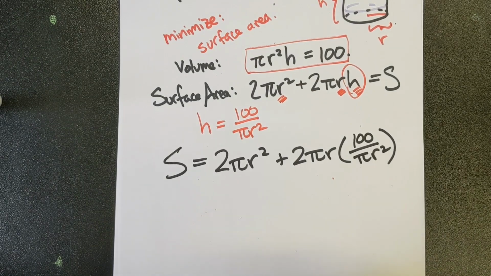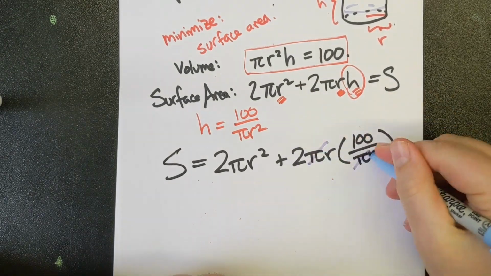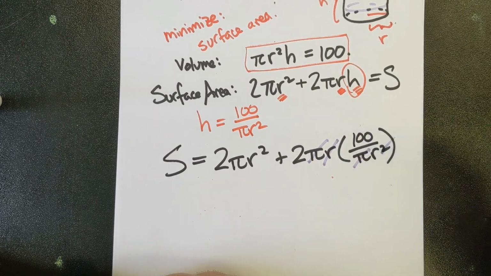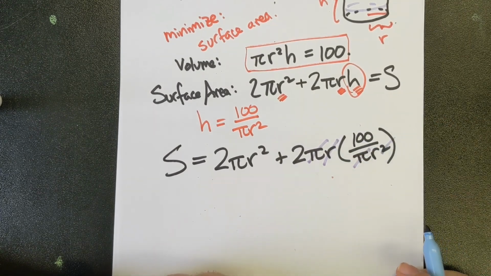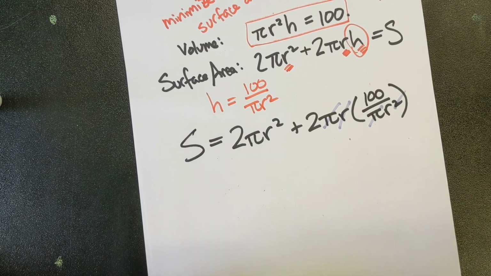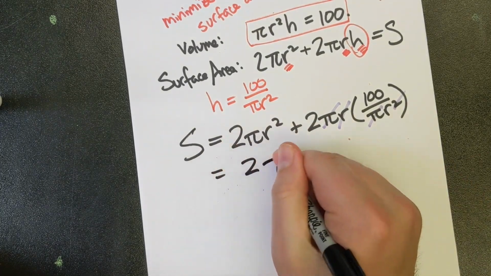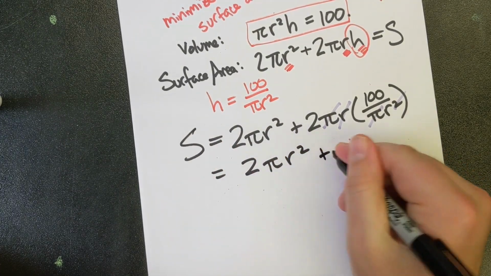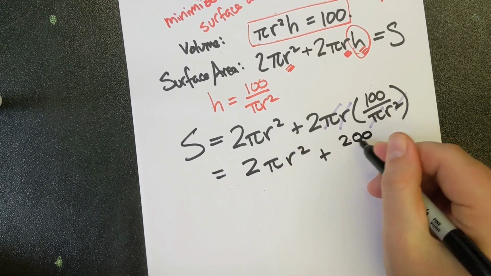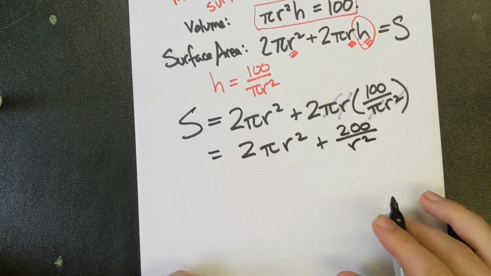And immediately there's some simplification that takes place. A pi and pi cancels, a radius cancels with one of the two radiuses on bottom. So we're left with your surface area is 2 pi r squared plus 2 times 100, 200 over radius squared.